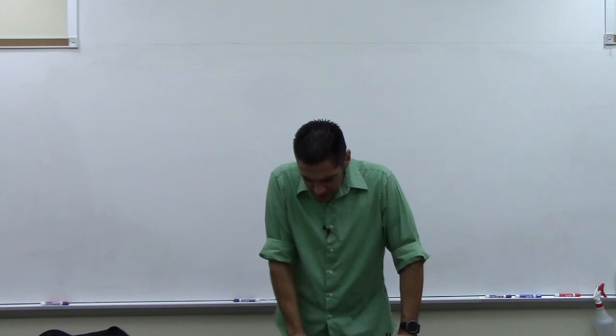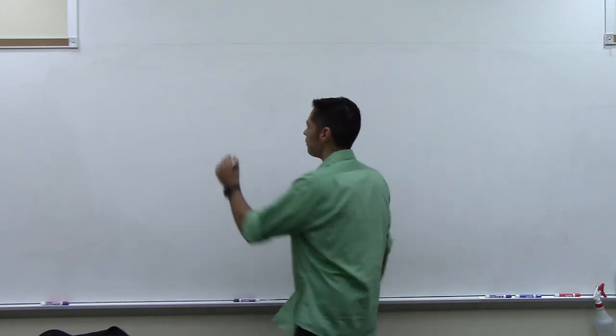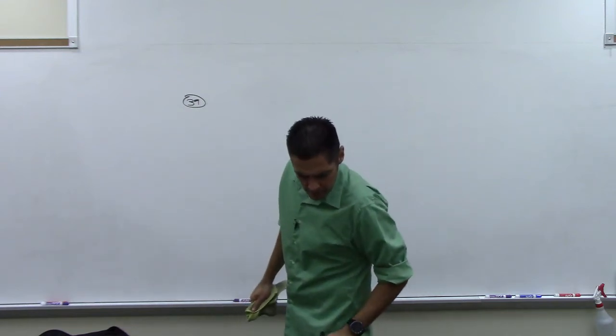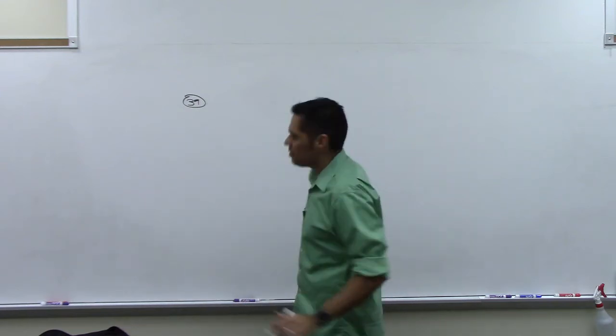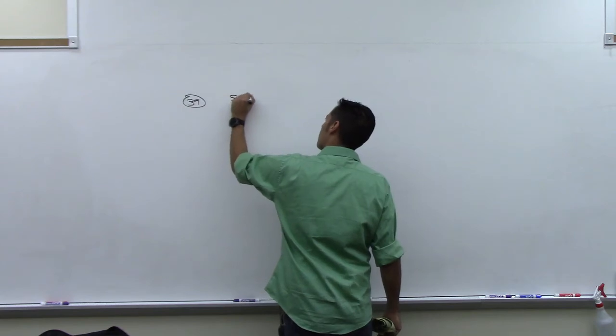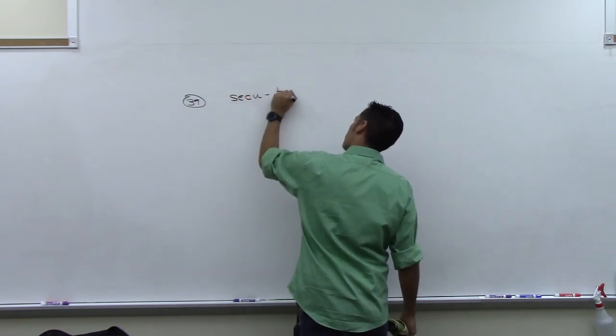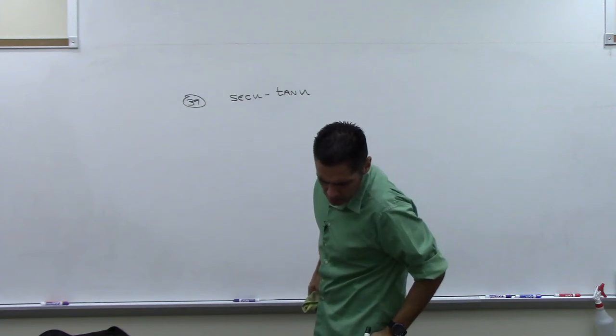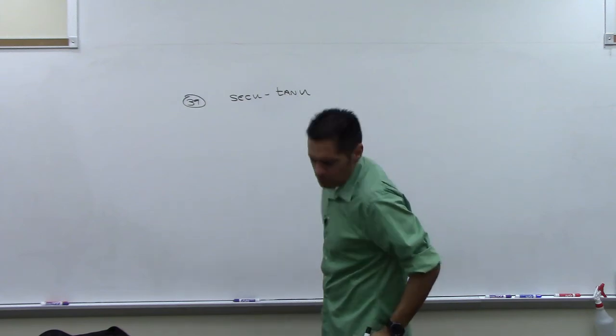Okay, number 39. We have secant u minus tangent u equals cosine u over 1 plus sine u.